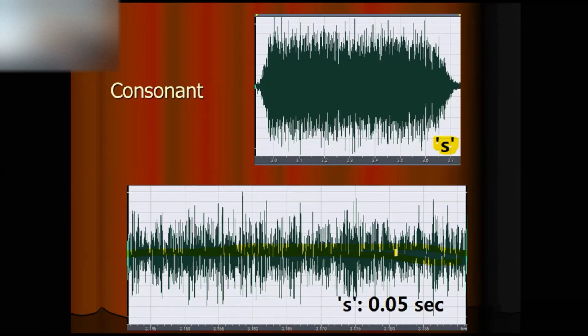In that sense, it's very important for us to understand the fundamentals of speech, vibration, and speech therapy, and how they are related.